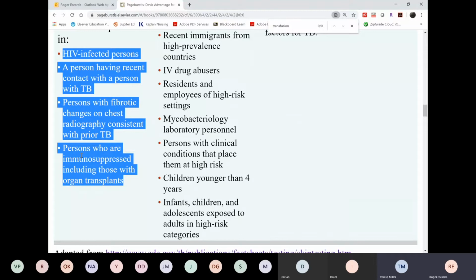What else? Addison's disease, adrenal insufficiency, multiple sclerosis. So we have several people on steroids or other immunosuppressants.